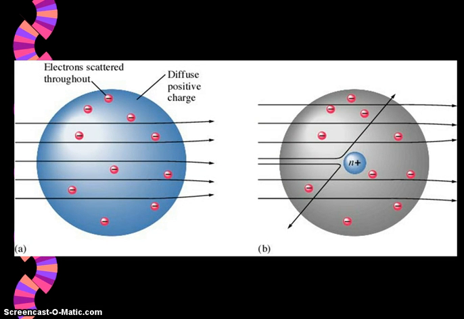So if we look here over on the right-hand side, we have J.J. Thomson's idea about the way that an atom is arranged, called the plum pudding model. We've got that positively charged cloud and the electrons embedded randomly within it. And if that were true, those alpha particles would pretty much go straight through the atoms.